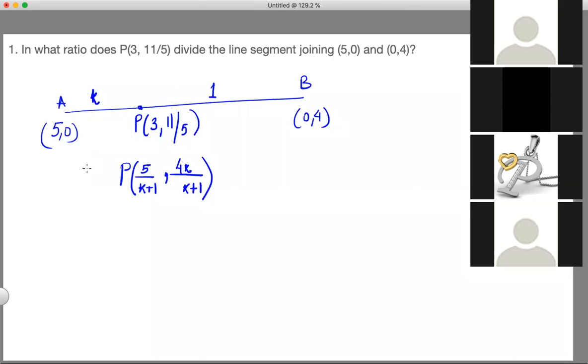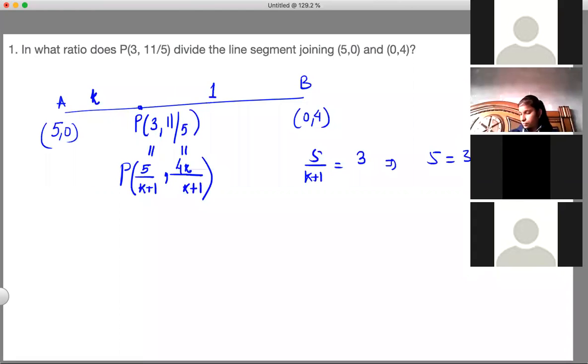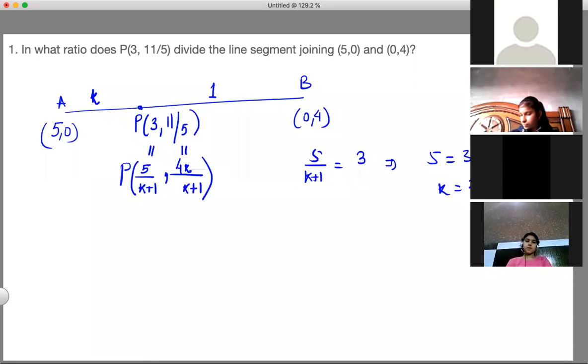Right? Yes. So we will equate the coordinates. So we will get 5/(k+1) is equal to 3, which means 5 is equal to 3k+3 and k is equal to 2/3.